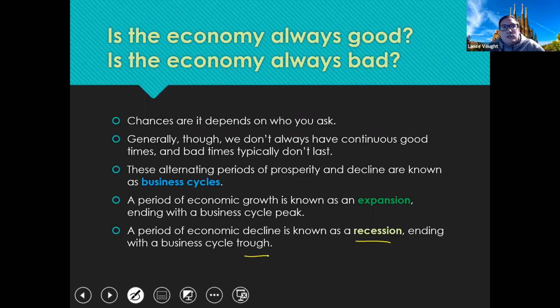So in 2020, we had a recession that was based on COVID-19. Now, it's debatable. We might have still had a recession in 2020 had it not been for COVID, because there was actually a lot of indicators suggesting that the economy was kind of slowing down and stagnating.